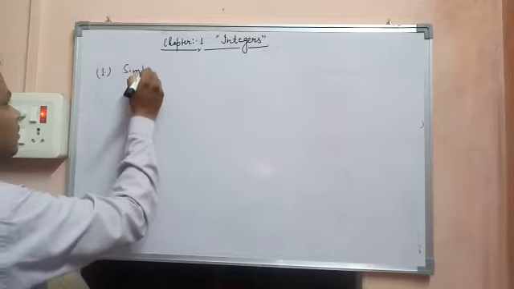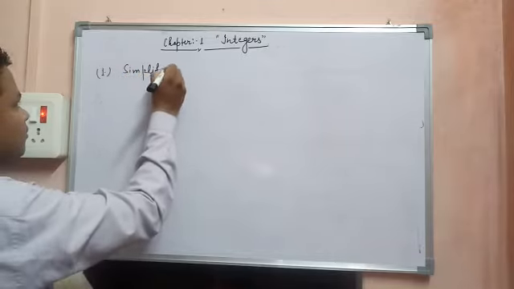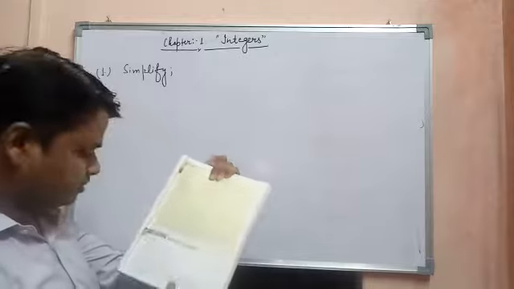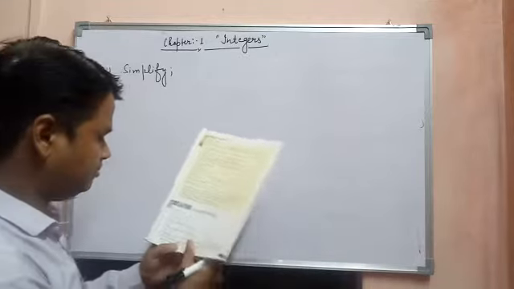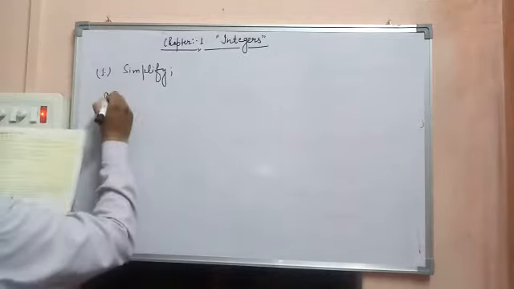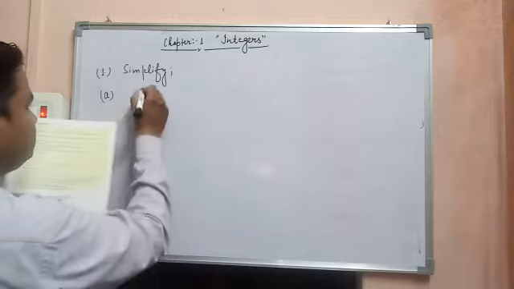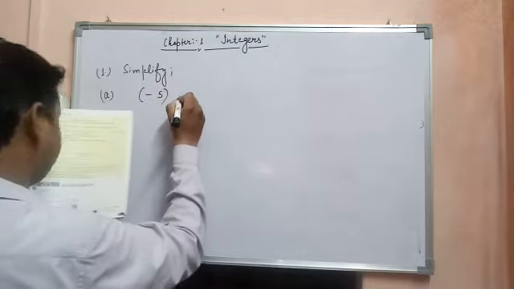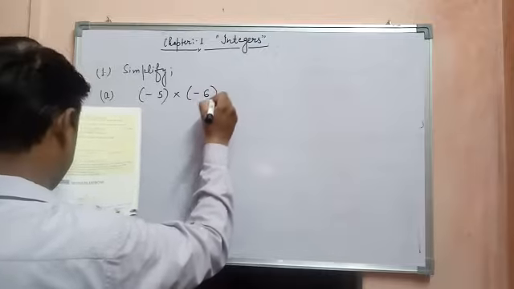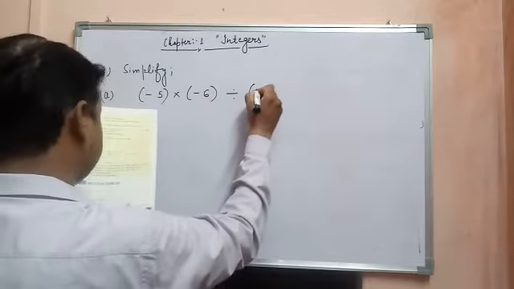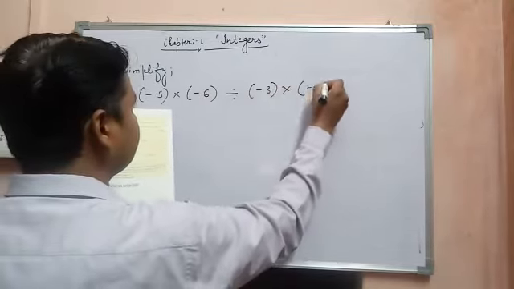It means you have to solve the question and find the solution. -5 into -6 divided by -3 into -5.